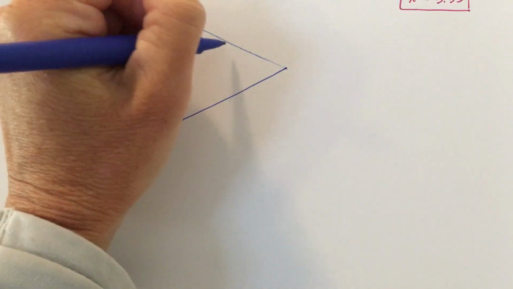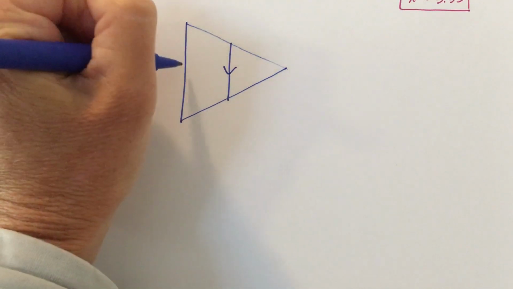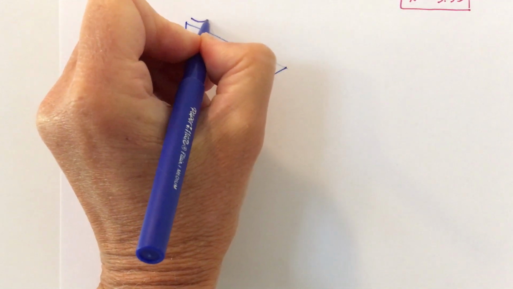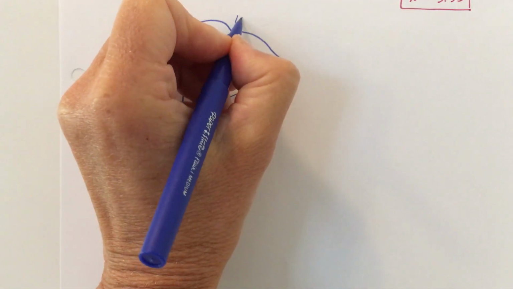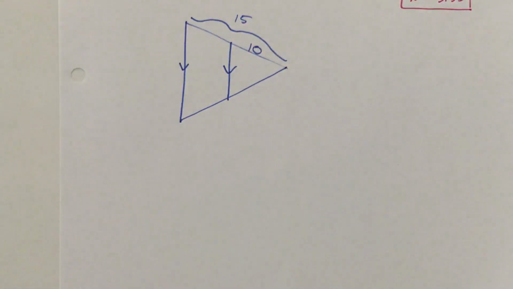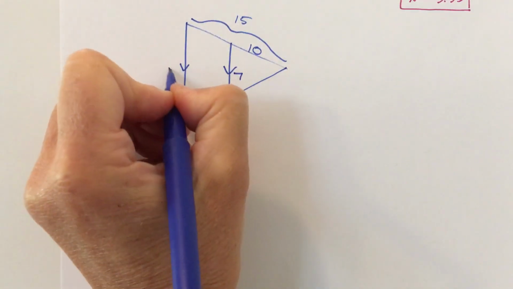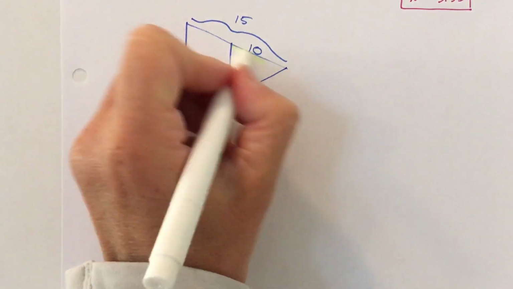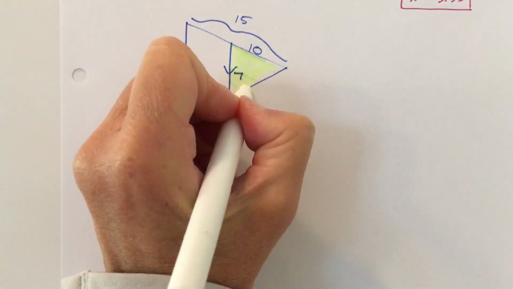All right, so this time I want you to draw this shape, like that, and then draw a line down the middle, like that. And this whole thing is 15, this is 10, and this is 7, and this is X. So, trying to be consistent, I'm going to shade the small one yellow.